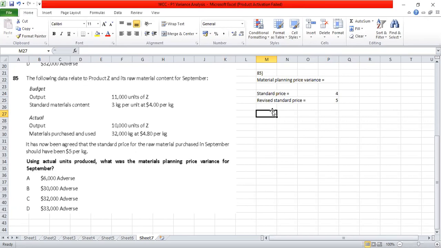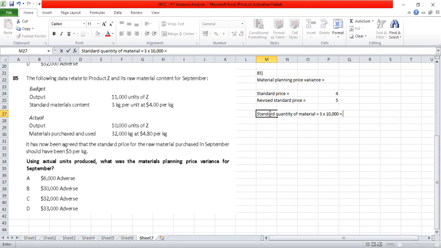Standard quantity of material is equal to 3 kgs per unit, so 3 kgs into the actual production of 10,000 units.